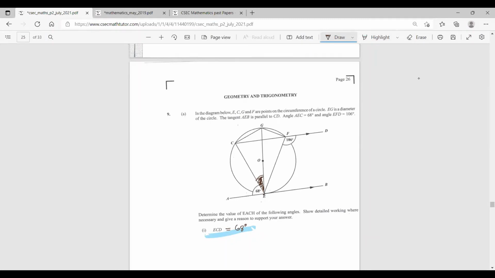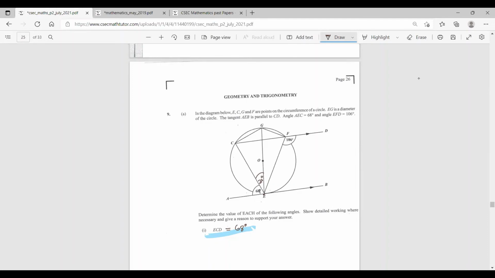What you know about two straight lines meeting each other, what type of angle is formed there? A 90-degree angle. So we know 90 degrees is formed on this side and 90 degrees is on this side. So please find 90 minus 68. Correct. So that's 22 degrees.